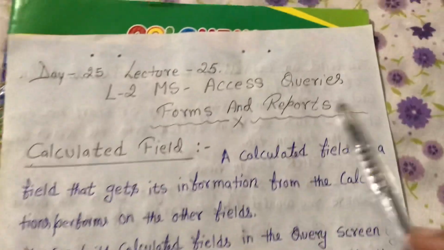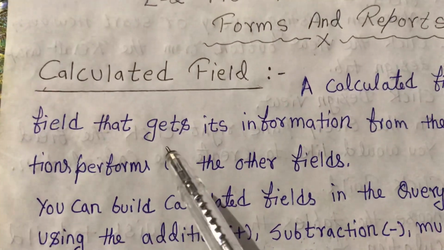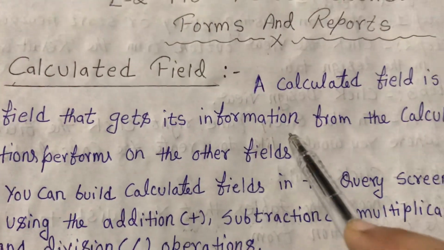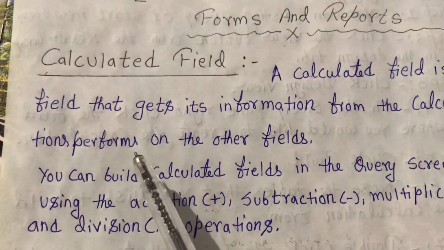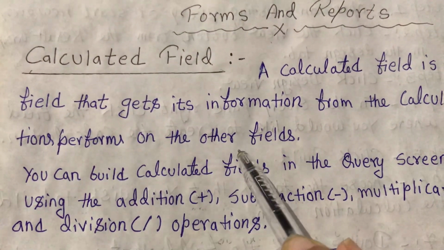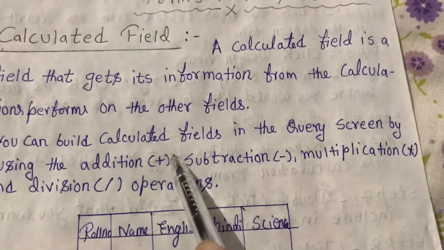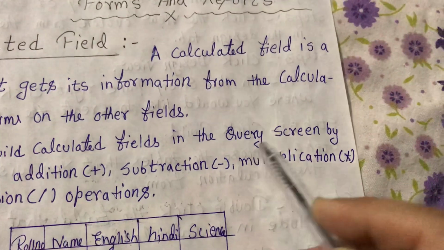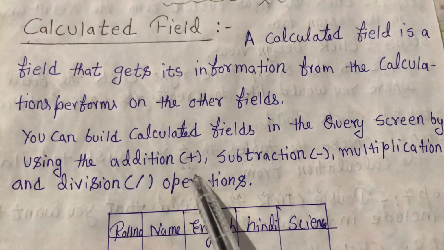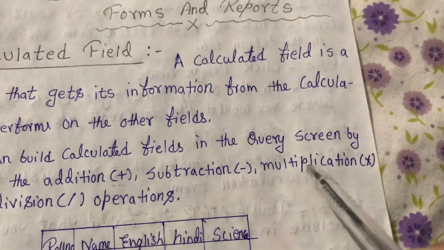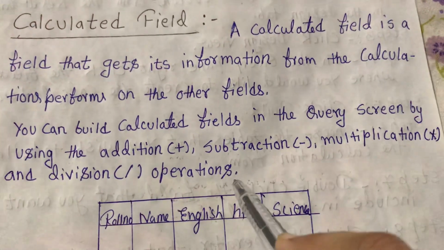I'm repeating: a calculated field is a field that gets its information from the calculations performed on the other fields. You can build calculated fields in the query screen by using the addition, subtraction, multiplication and division operations.